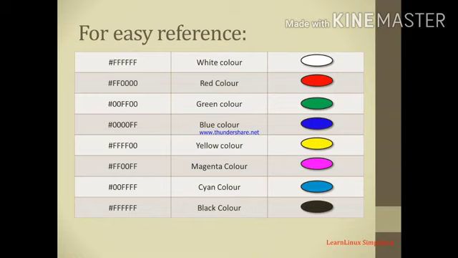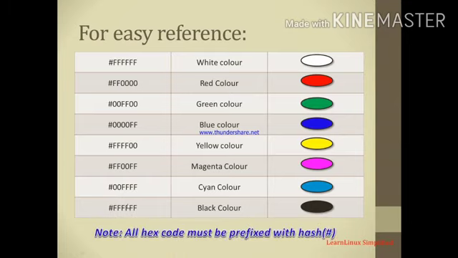Now a mixture of red and green will give you yellow, red and blue magenta, blue and green cyan, and for no color, sorry, here it should be 000000. Okay, so make the correction over here, this should be 000000. Note, all hex codes must be prefixed with a hash.